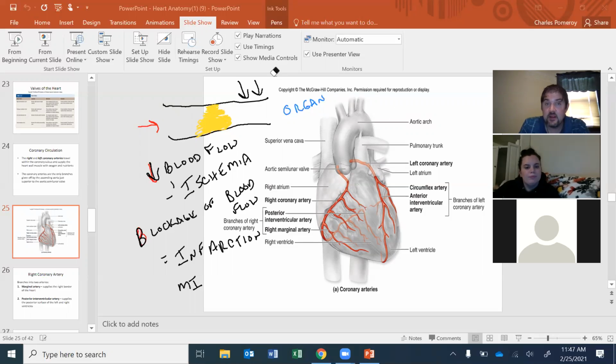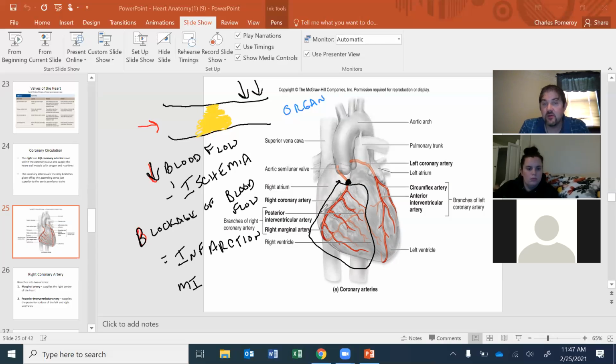If you get a blockage, let's say right here in the right coronary artery, that means all of this loses its blood supply. Okay. Because everything distal, everything farther away or past the blockage is going to lose blood. And so that would cause a much more severe heart attack.